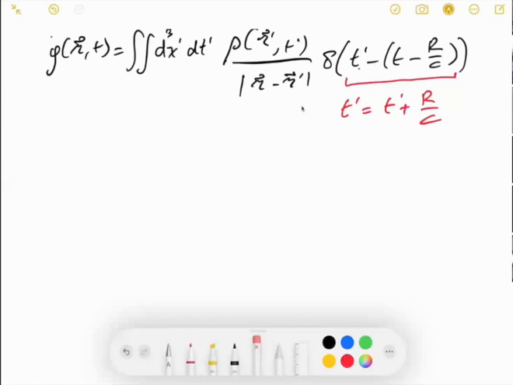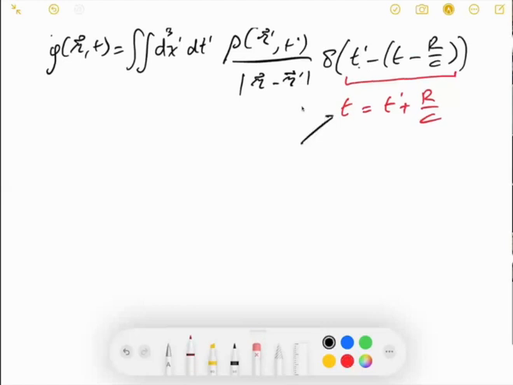or t is t prime plus r over c. So we should label this. This is our time under consideration.